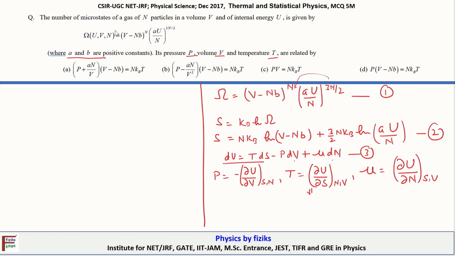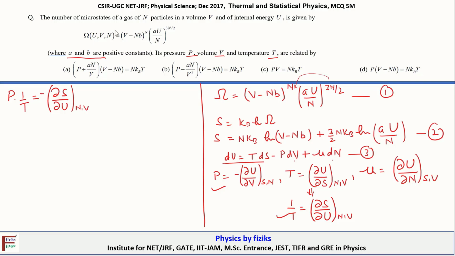From this result, I can write 1 by T equal to dS by dU, keeping N and V constant. Here I'm going to multiply P with 1 by T. These two results give P multiplied by 1 by T. I'm bringing 1 by T first, which is dS by dU at N and V constant, and then multiplying by P, which is minus dU by dV.